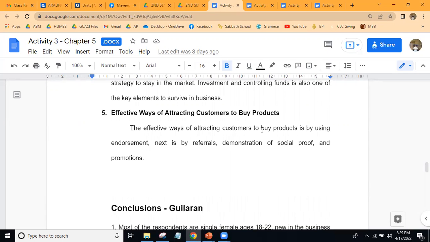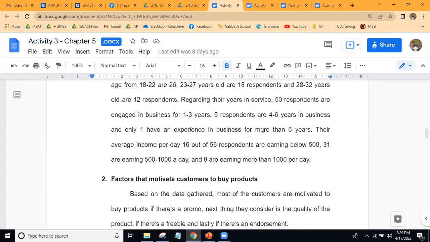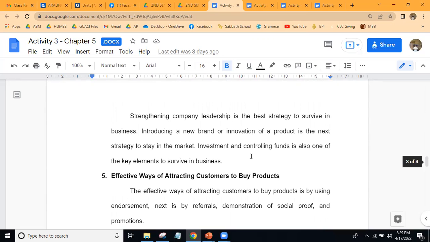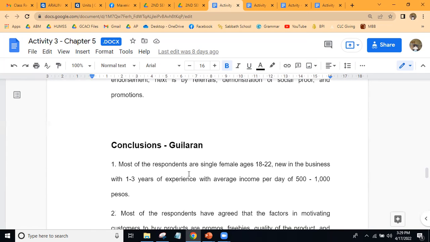Now, after summarizing the findings, ano nang gagawin natin? Conclusion. Based on the summary that we did, no? So, conclusion na. Most of the respondents are single, female, ages 18 to 22, new in the business with 1 to 3 years of experience with average income per day of 500 to 1,000. So, it means, itong mga data na ito yung mga pinakamataas ang score.